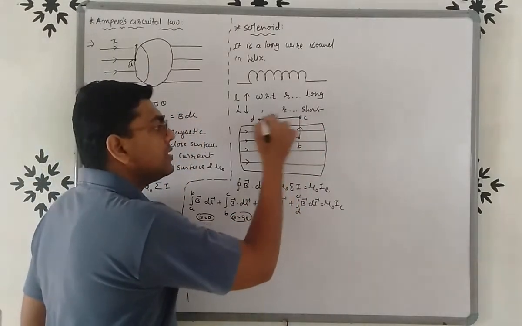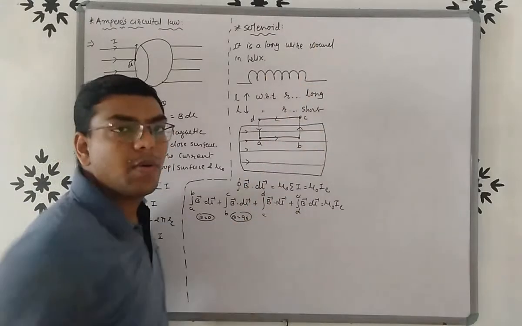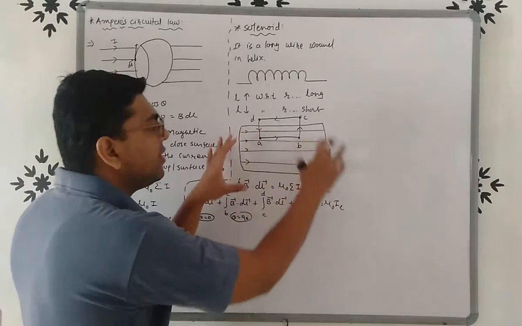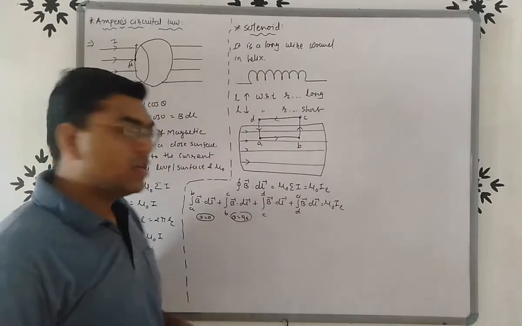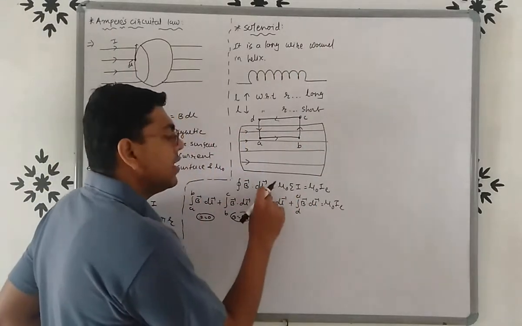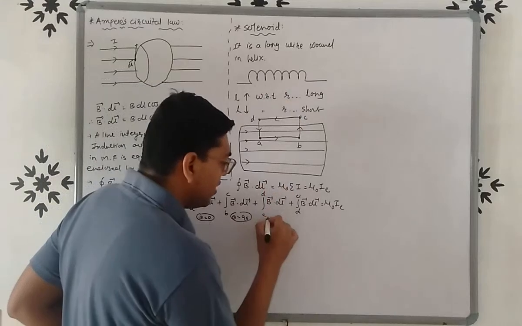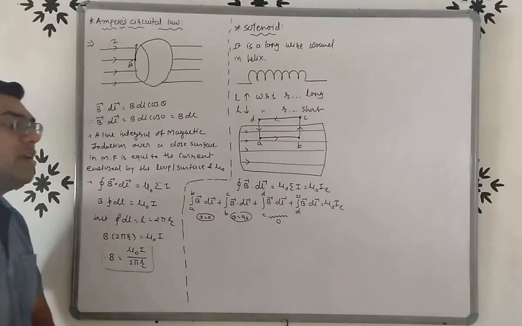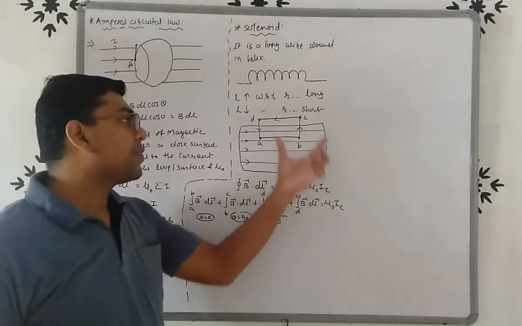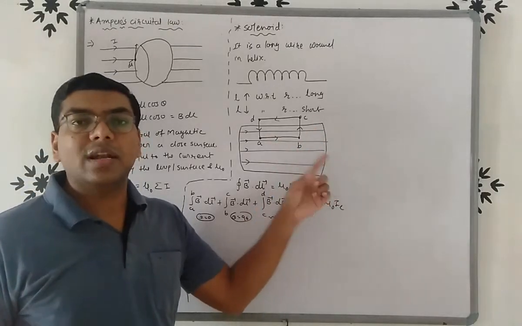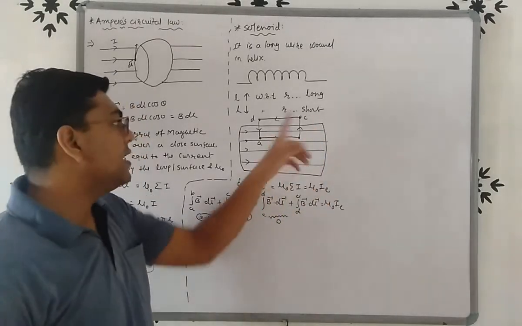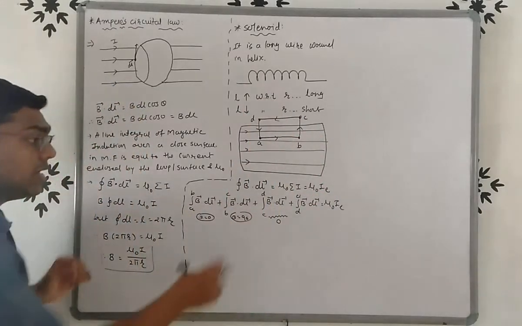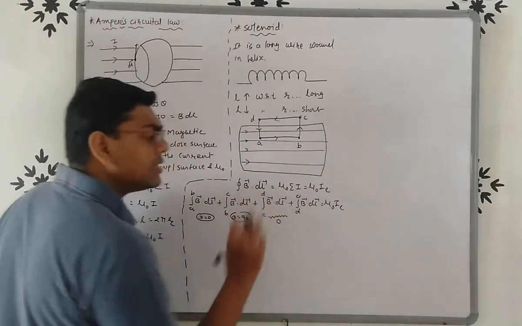See here friends, CD is in the outer part of the solenoid, and the magnetic field is inside the solenoid, so CD is outside the solenoid. Here there is no magnetic field, so the magnetic field will be 0 because the magnetic field is only inside the solenoid and CD is outside. So integration C to D B dot dl is 0.